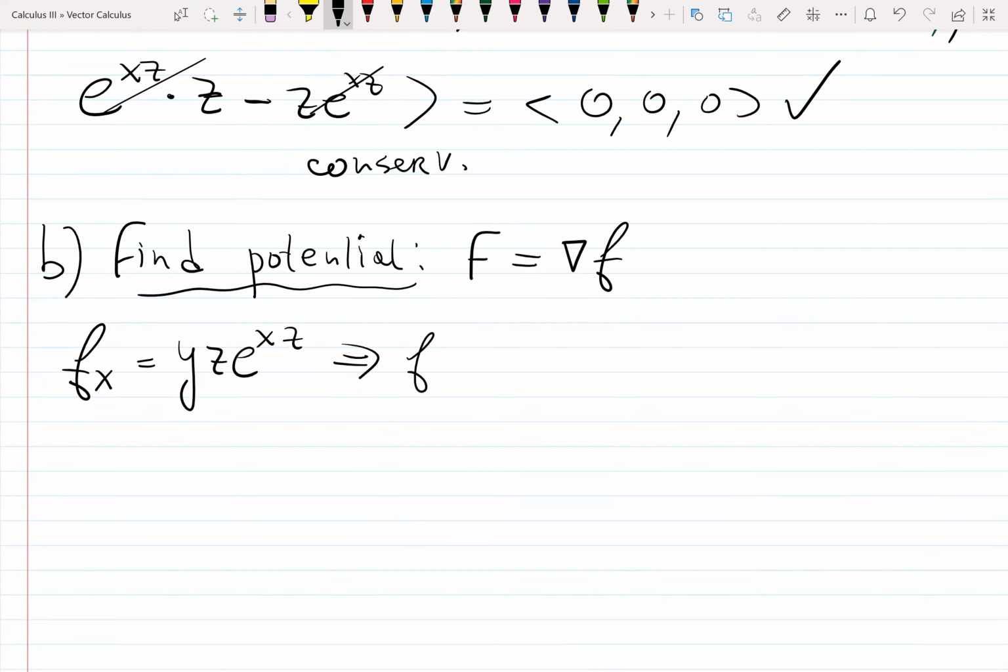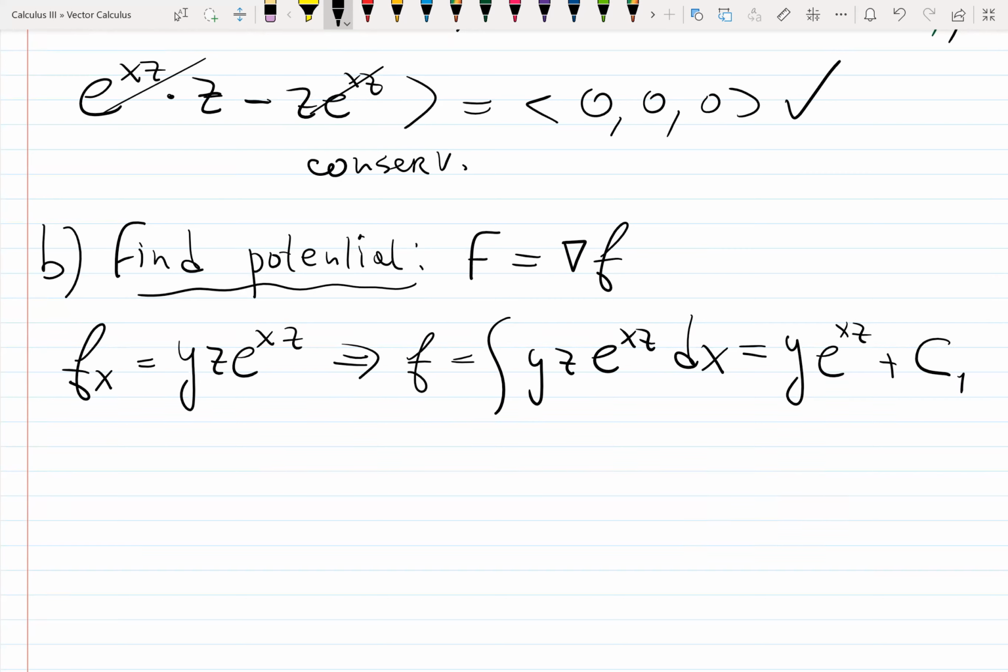Then f will be the integral of that. Integral of YZ e to the XZ with respect to x. Integrating that will give you Y e to the XZ plus some kind of c, which is not a constant. It can be a function of other variables as well, as you remember.